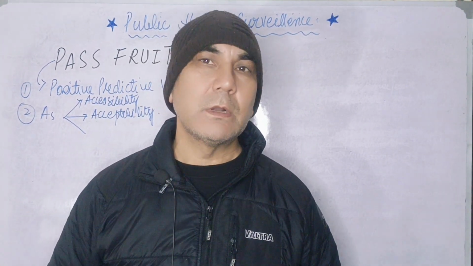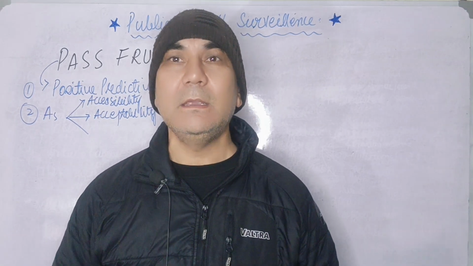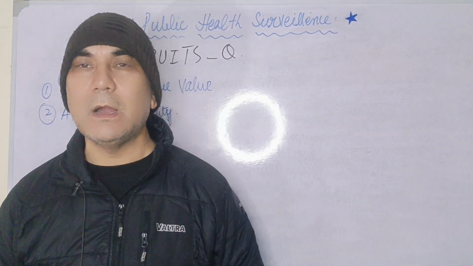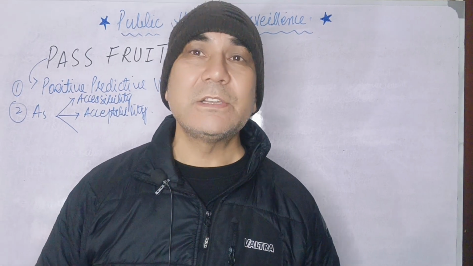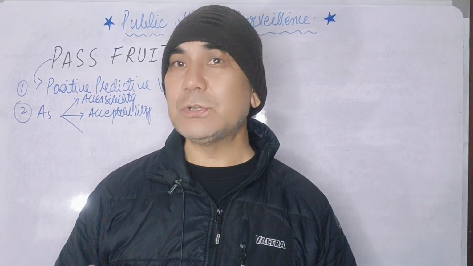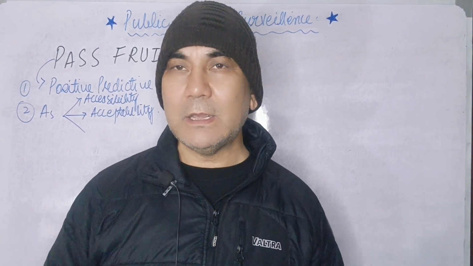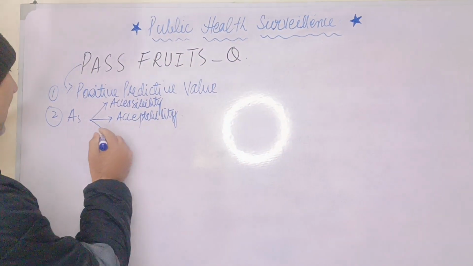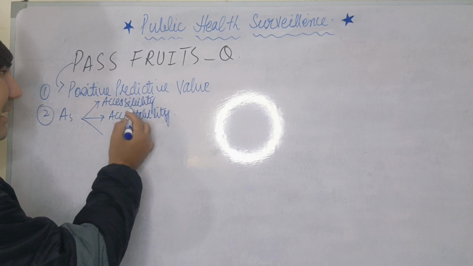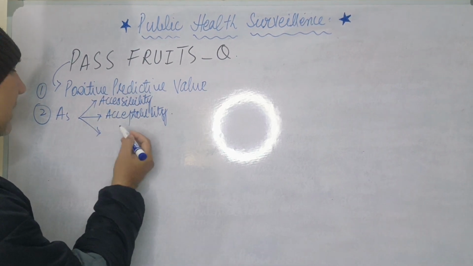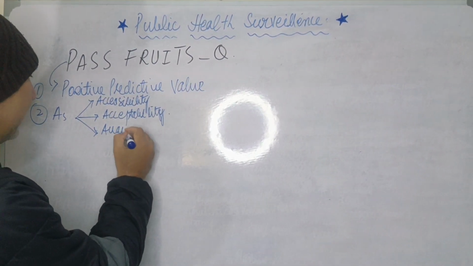So when you would like to conduct any surveillance system, it should not be too culturally sensitive. It should be acceptable to the people and the community, so it can be accepted very easily. After accessibility and acceptability, the last one is availability.